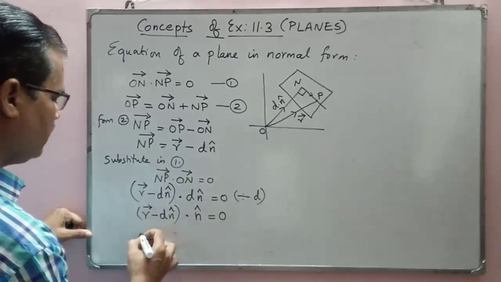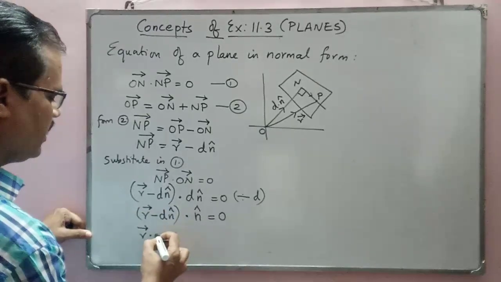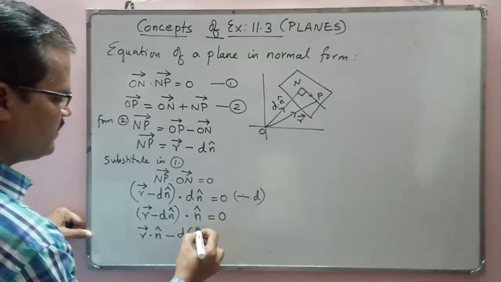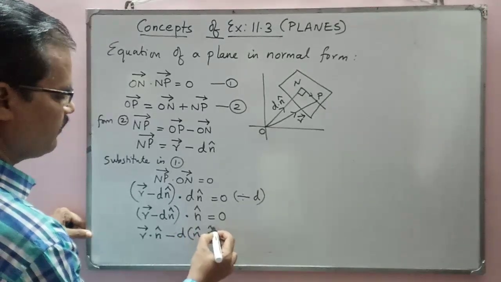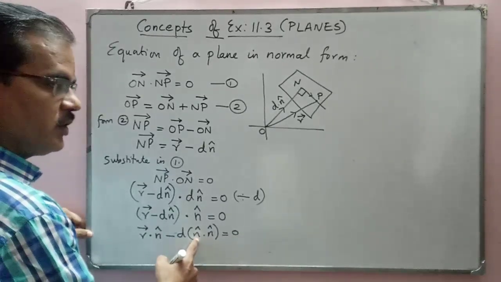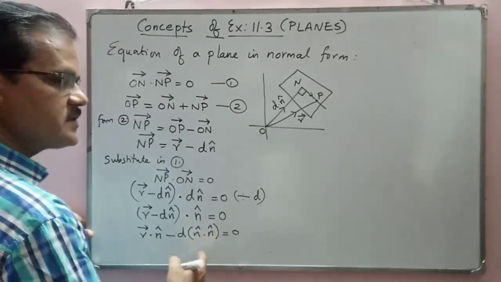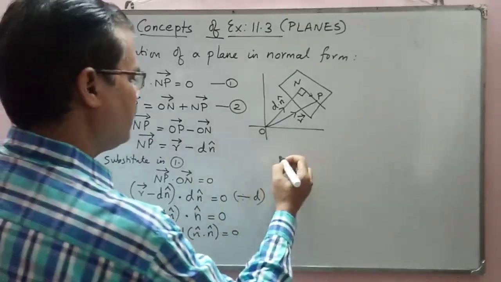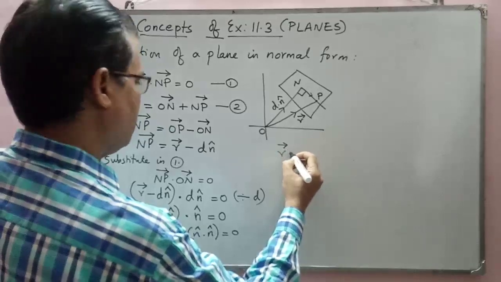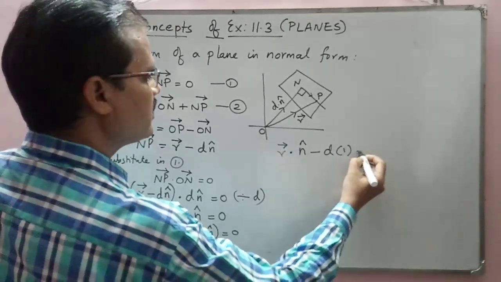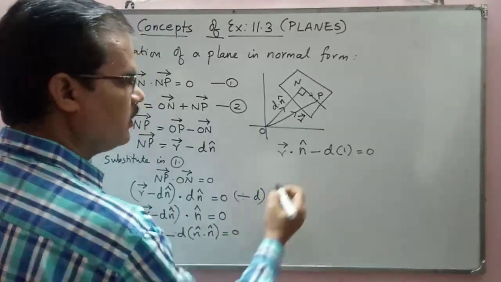Now doing the dot product: R vector dot n cap minus d times n cap dot n cap. It's a unit normal. We know the magnitude of a unit normal is 1. So n dot n is modulus of n squared, which is 1. So in the next step, R vector dot n cap minus d times 1 equals 0, because of the unit normal.